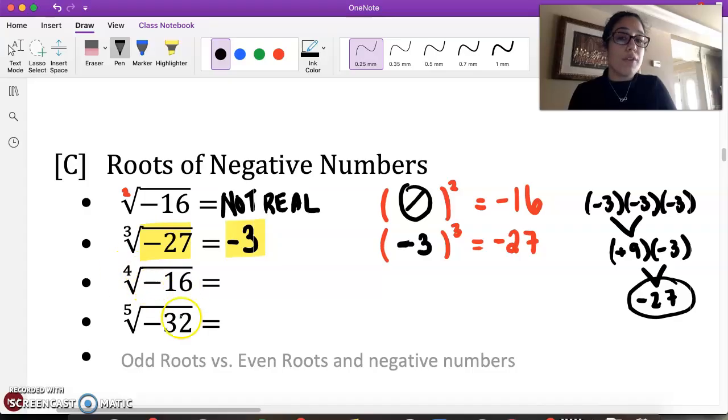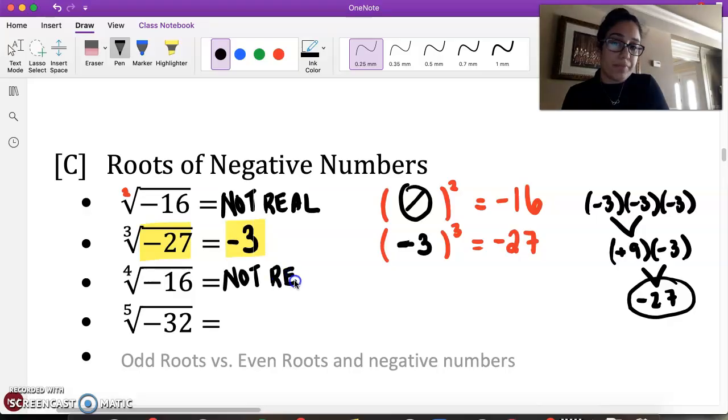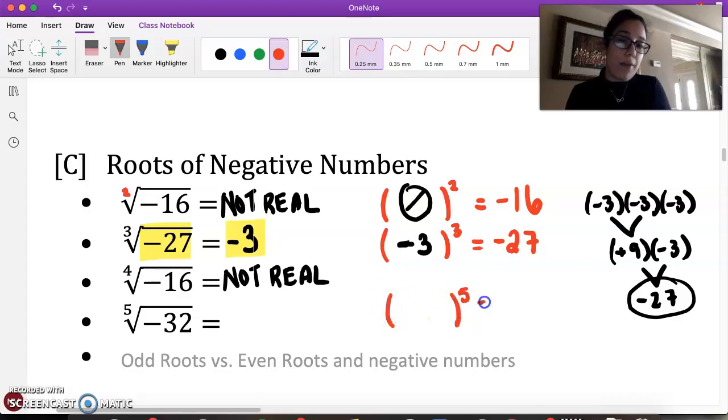Fourth root of negative 16. It is even, meaning it is not going to hold the sign, meaning it is not real. And the fifth root, something to the fifth power, is negative 32. It's going to be similar to the fifth root of 32, but negative. So this is negative 2.